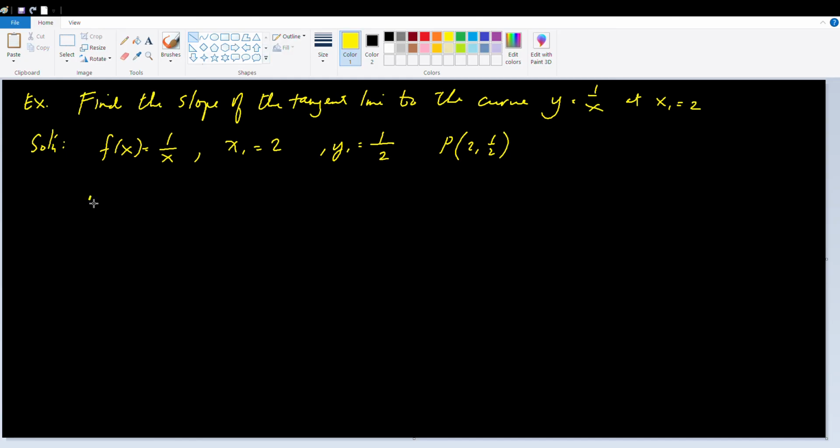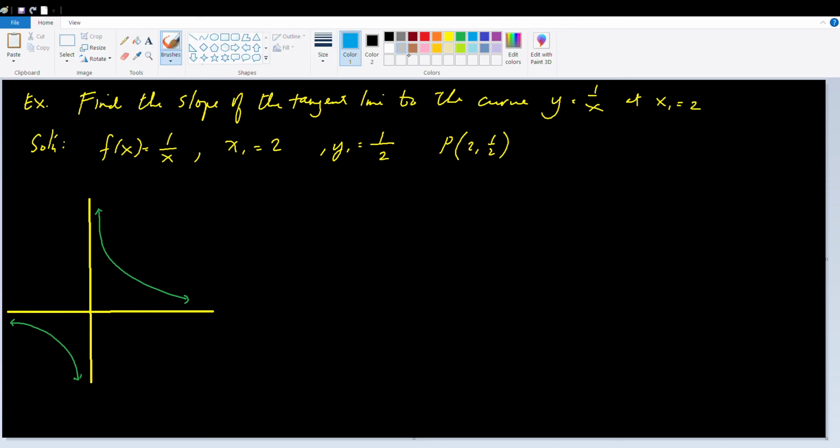Let us sketch the graph of f. The graph of f is something like this, asymptotic to both the x and the y-axis. Point 2, 1/2. Where is that?